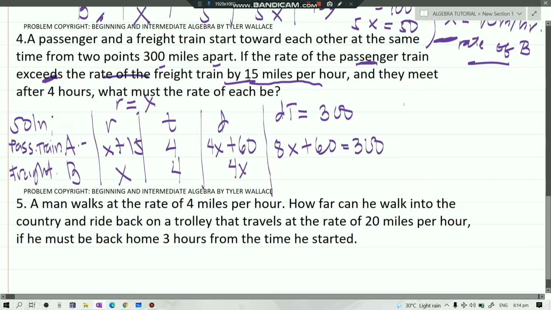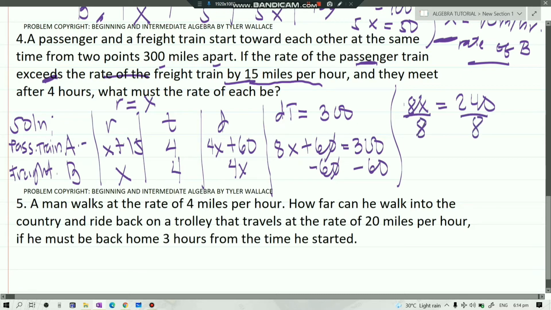Okay? So, diniretso ko na. And to isolate x, so add ka ng negative 60. So, you will get 8x is equals to 240. Divide both sides by 8 and you will get x as 30 miles per hour. Okay?